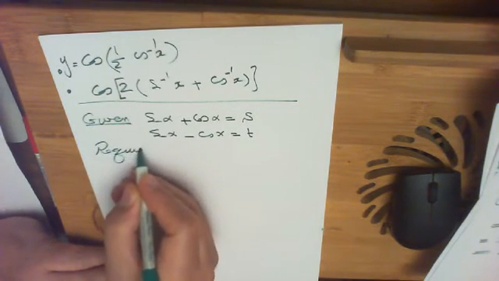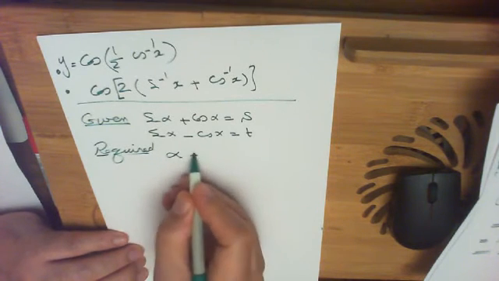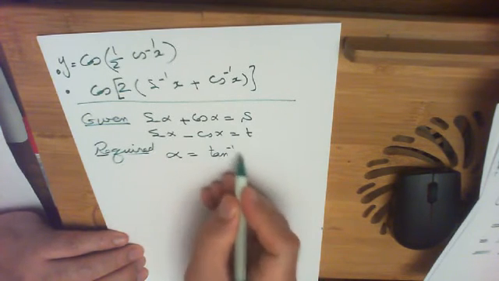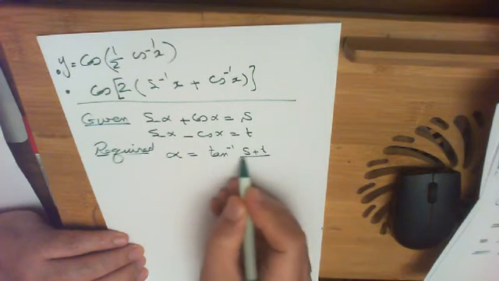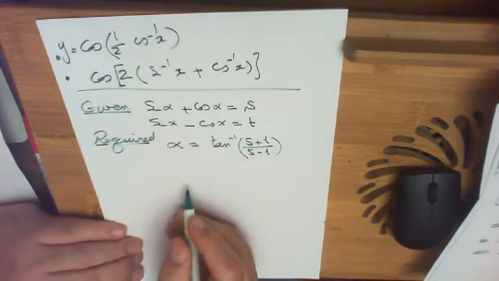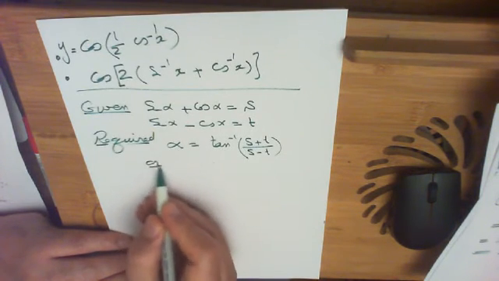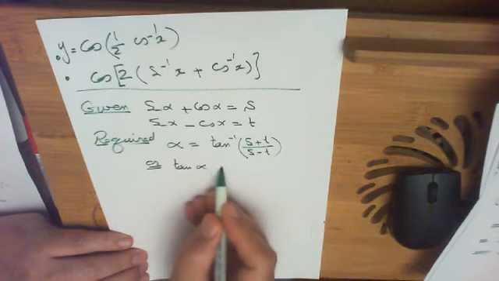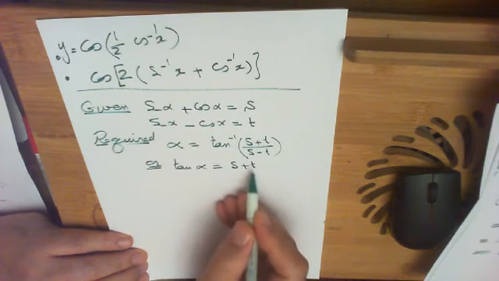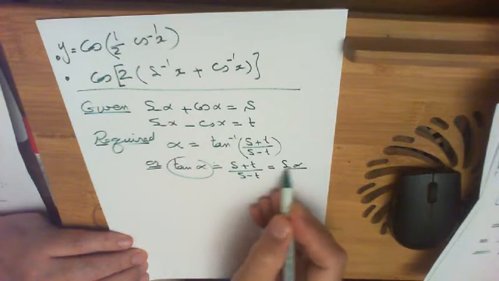Required to be proved: alpha equals tan minus 1 of s plus t over s minus t. Very simple, piece of cake. Or we need tan alpha equals s plus t over s minus t. Tan alpha is sine over cosine.